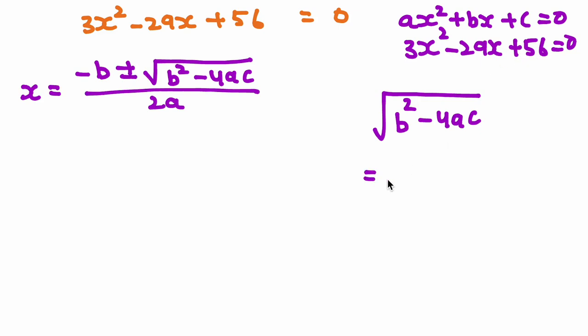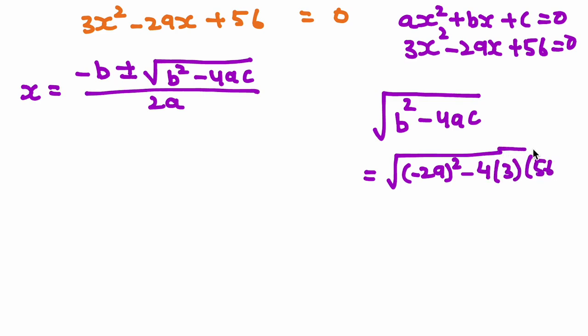So I'll place it here: negative 29 whole squared minus 4 times 3 times 56. You can use the calculator. It's 169, and the square root of 169 is 13. So now you can directly place 13 over here, and the steps will be very small and easy to see.